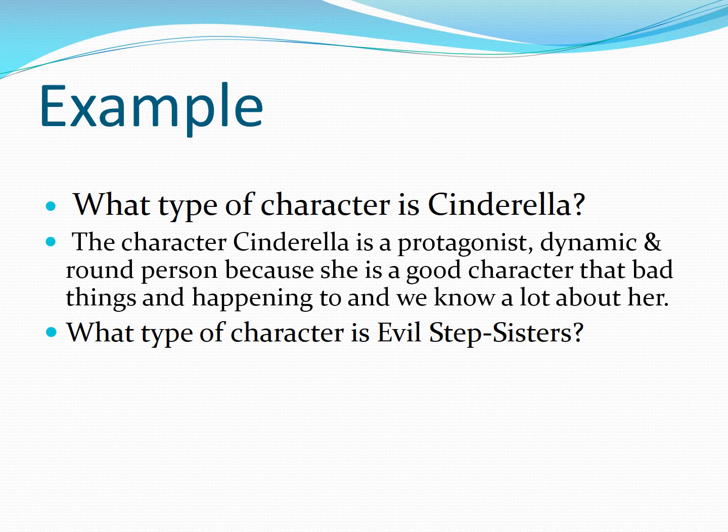Well, the character of Cinderella is a protagonist. She's a good character in the story. Dynamic because she goes through a big change in the story. And she's a round character because we know a lot of information about her, that bad things have happened to her. That makes her those three types of character: a protagonist, a dynamic, and a round character.